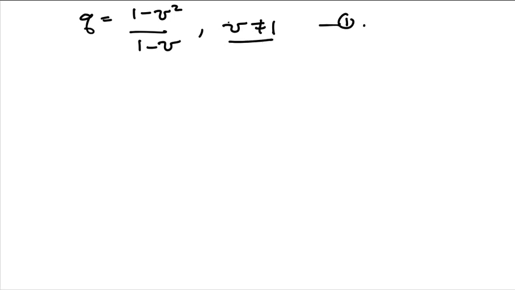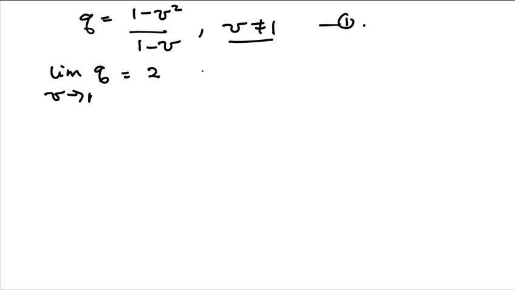Okay, anyway. Let's say we want to find the limit of Q as V approaches 1. I just jump the steps. I don't show you all the steps because this is an exercise that you are supposed to do. The final answer will be equal to 2.